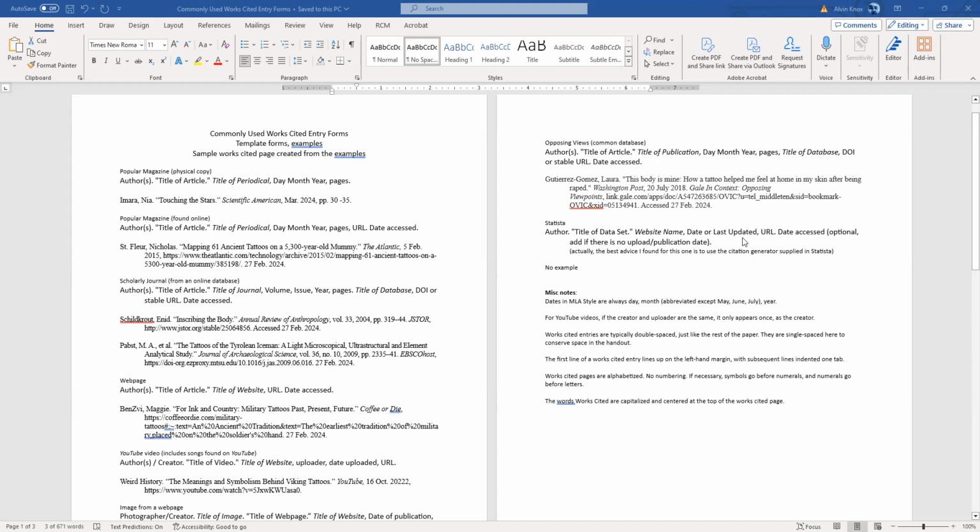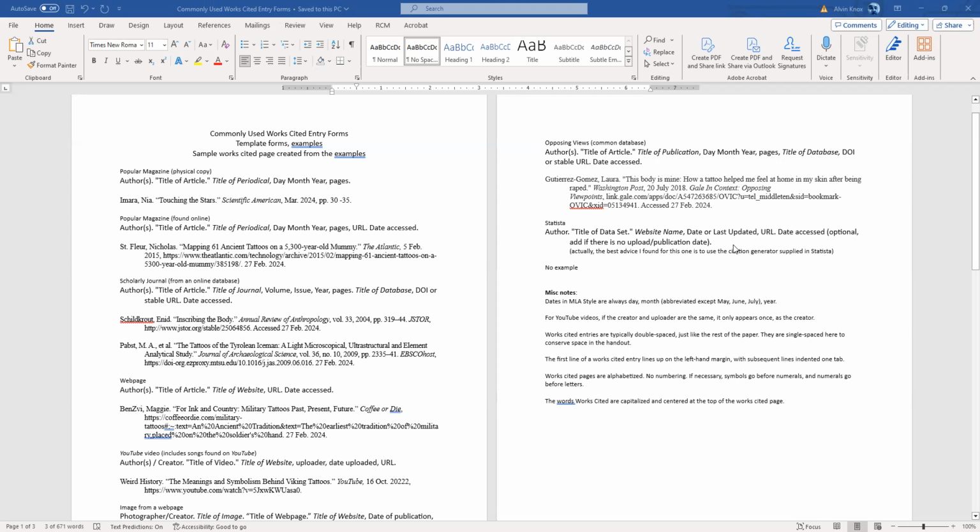Statista. Here's the information that I got from the Purdue OWL website, the template. And I tried to match that up with a couple of graphs from Statista, and it didn't work. So I went online and asked for the best advice for citing Statista.